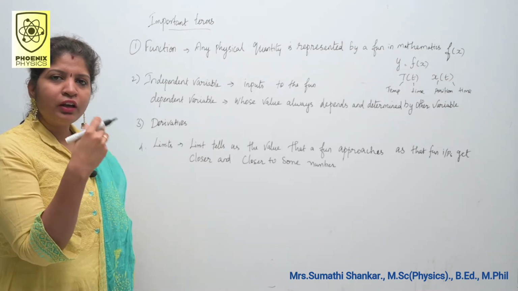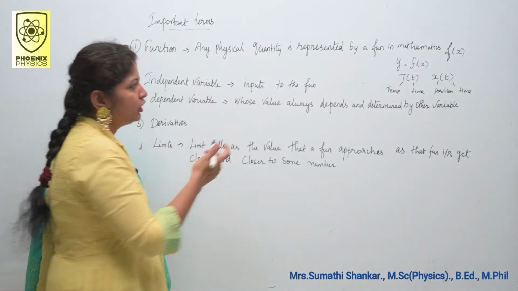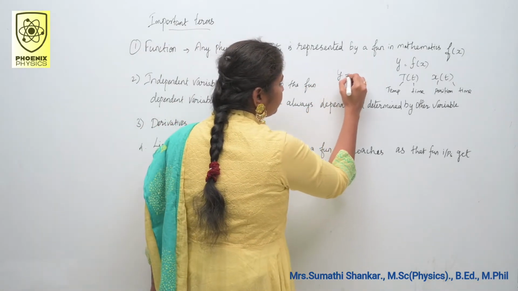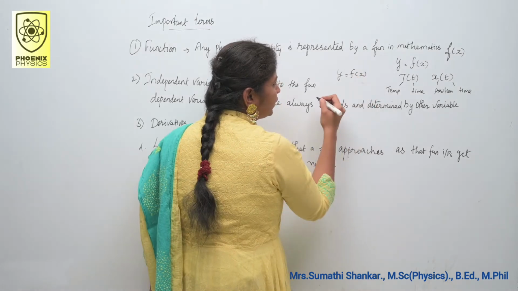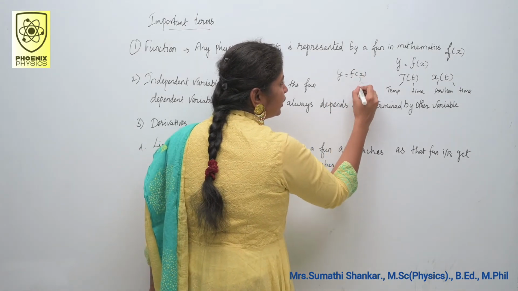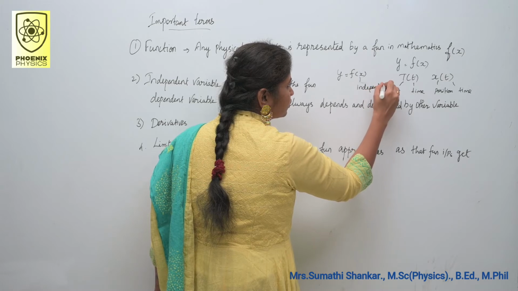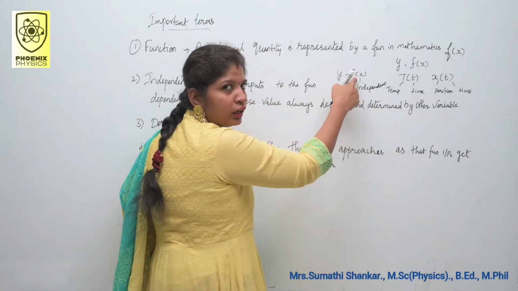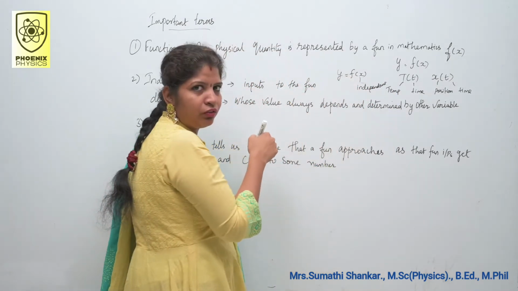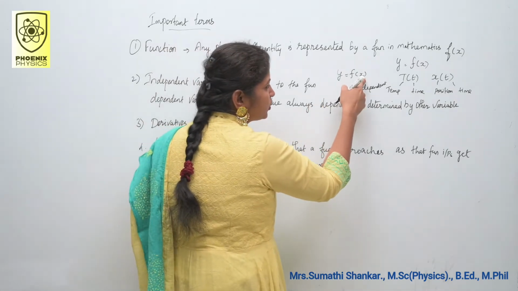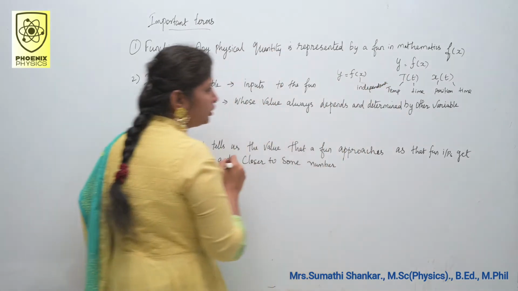Next one is independent variable. Independent variables are inputs to the function. For example, y is equal to f of x. Here, x is our independent variable because this is the input to the function f of x. So x is an independent variable.